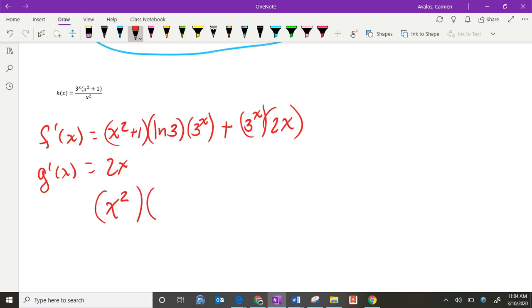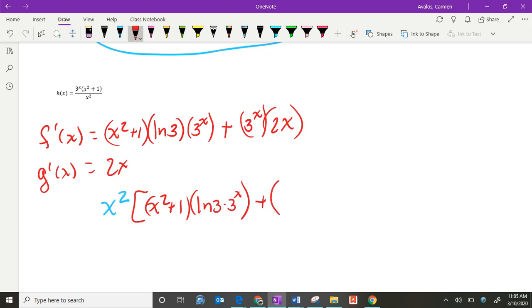Let me just do that in a different color so that we could see. And so we're going to take the derivative of that. So we're going to leave the low, and then we're going to multiply it times the derivative, which is going to be x squared plus 1 ln of 3 times 3 to the x plus 3 to the x times 2x.